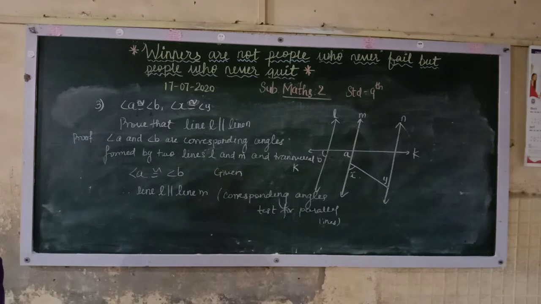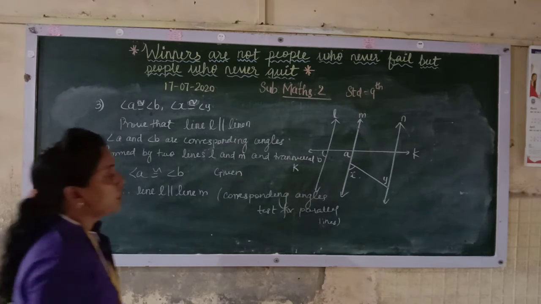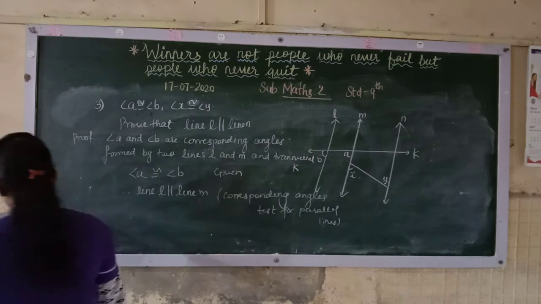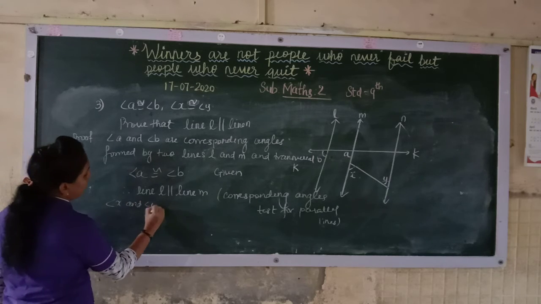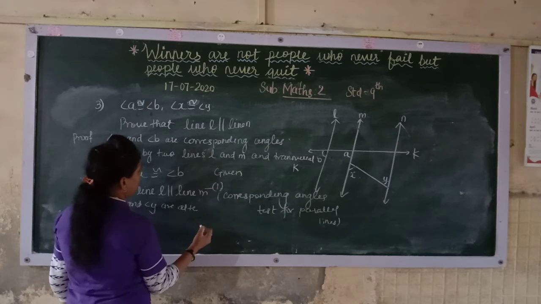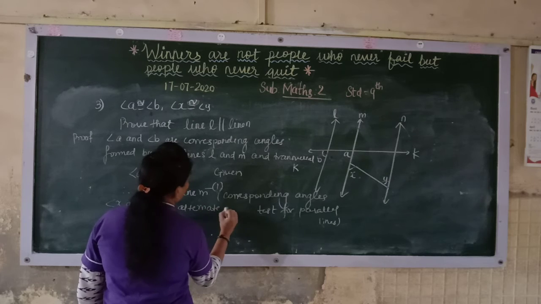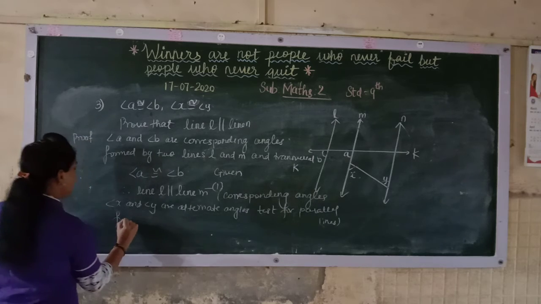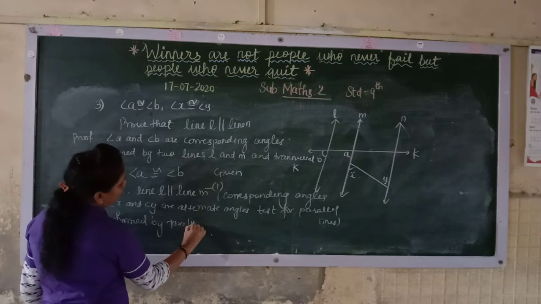Now further, if you see X and Y, angle X and Y are what? See, they are forming the corners of a Z. So they are alternate angles. Here you can write, and name it as 1, angle X and angle Y are alternate angles formed by two lines.